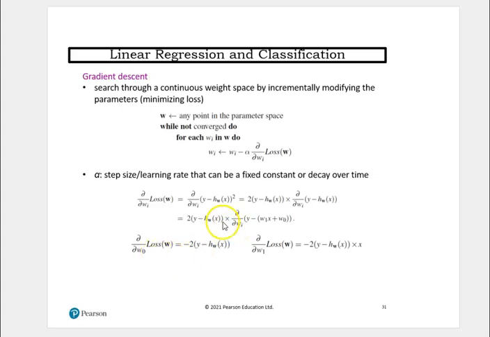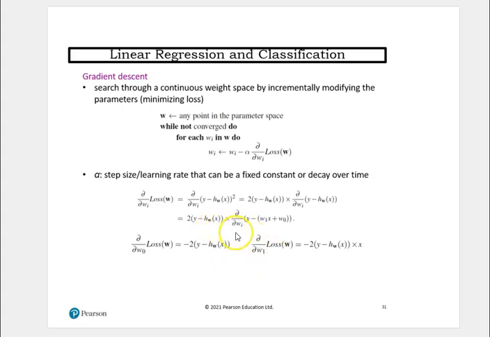So now I can use this expression to evaluate the partial derivative with respect to w0. With respect to w0, of course, the outside part is the same, and the partial derivative with respect to w0 is just minus 1. So it becomes negative 2 times this parentheses.